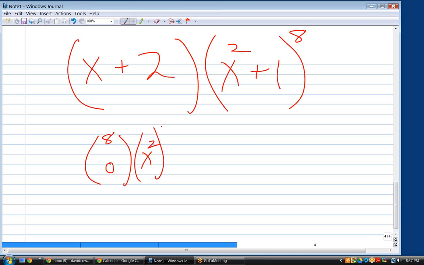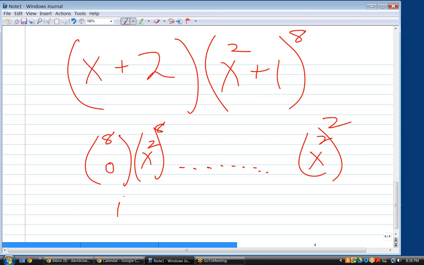Correct. And that's it. There is no second term yet. Okay, so what am I looking for? I'm looking for x squared squared. That will give me my x to the fourth. So I've got to go down to the term that has x squared squared.